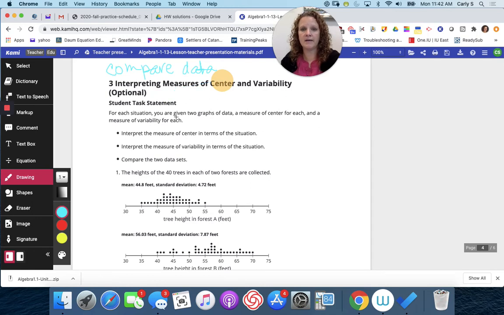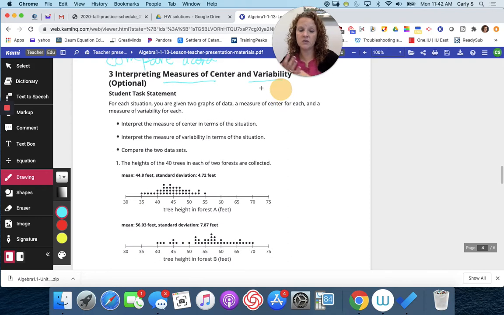Measures of center and measures of variability. So for each situation, you are given 2 graphs of data, a measure of center for each, and a measure of variability for each. So let's practice interpreting the measure of center in terms of the situation, and then interpret the measure of variability in terms of the situation.